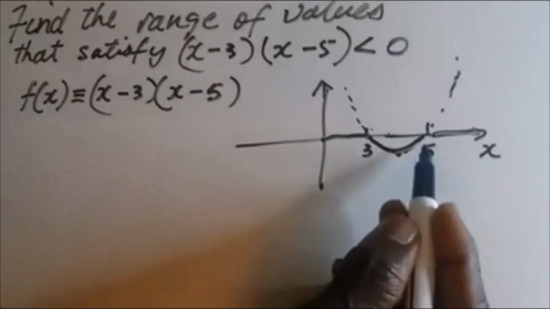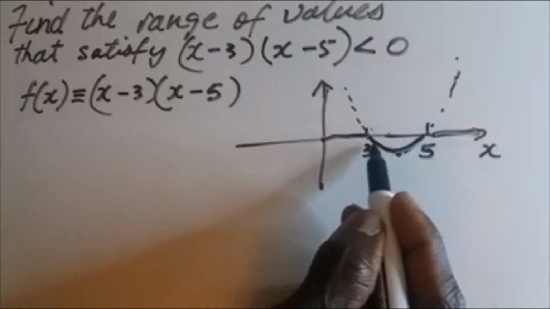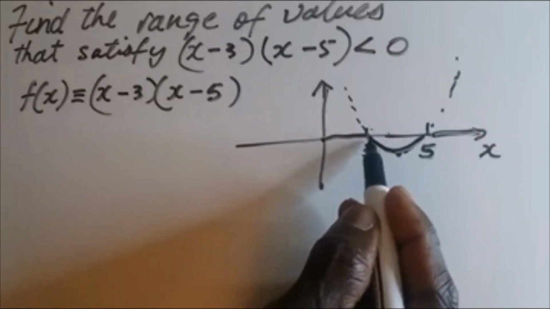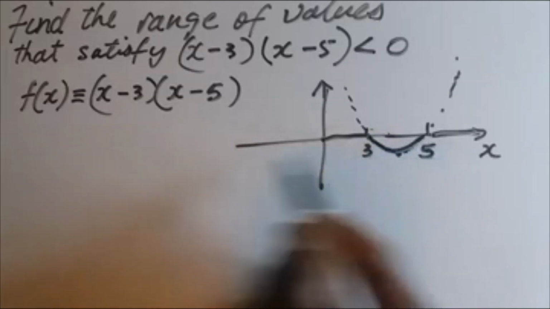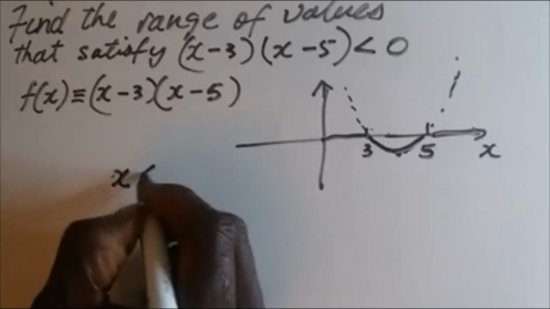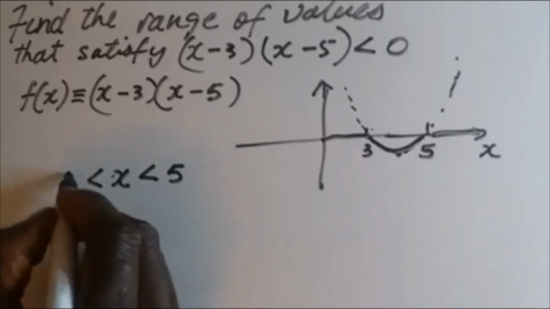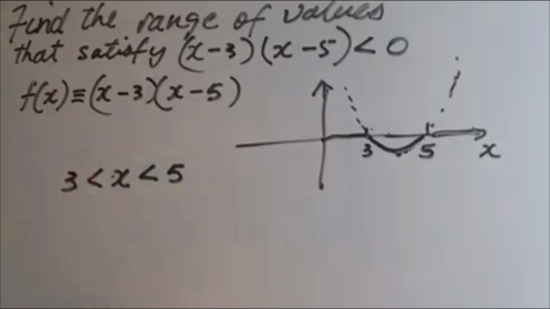So we can see that our values must be greater than 3 but less than 5. So we have our values x must be less than 5 but greater than 3. So this is the range of values that satisfies this inequality.